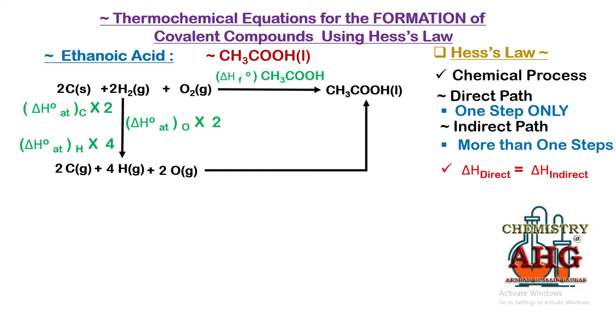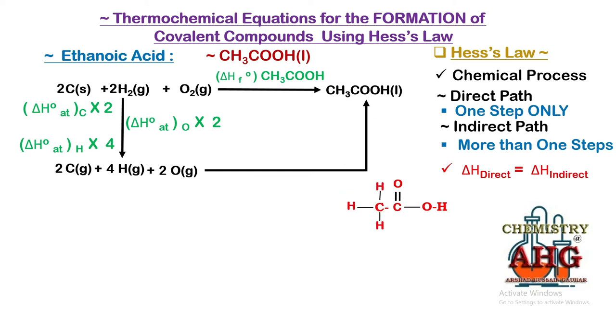I'm giving you the displayed formula for ethanoic acid. See, there is a carbon bond, carbon having OH, carbon having a double bond with oxygen, and this carbon that is in the beginning needs 3 more bonds. So it will make 3 more bonds, and these 3 bonds will be made with hydrogen.